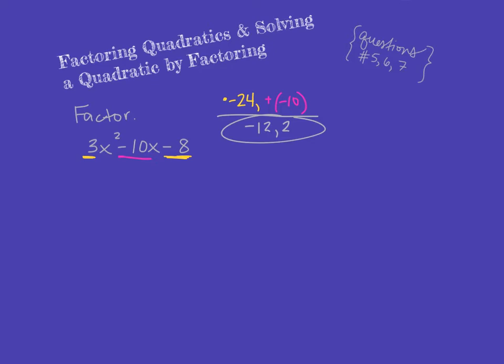And so what we can do is expand this into 4 terms. So our first term stays the same and our last term stays the same. So 3x squared stays the same and minus 8 stays the same. However, this middle term of negative 10x, what we're going to do with that middle term is write it as the sum of negative 12x and 2x, because that's how we got to negative 10. The order that you write those doesn't matter.